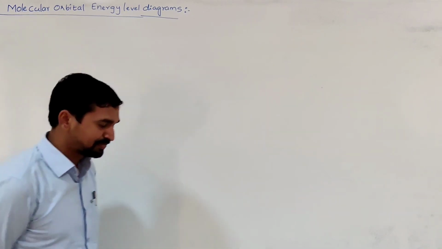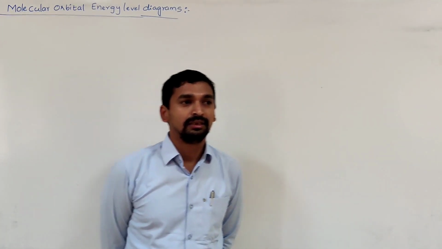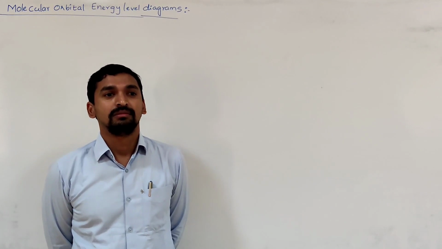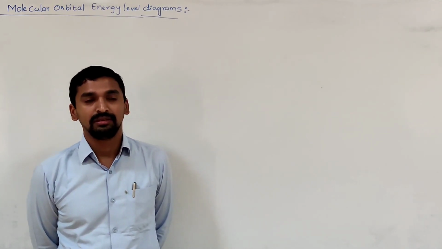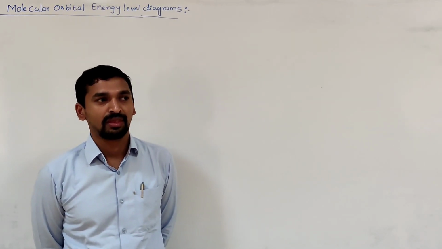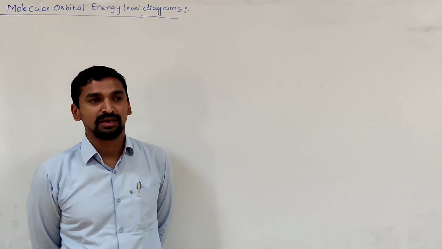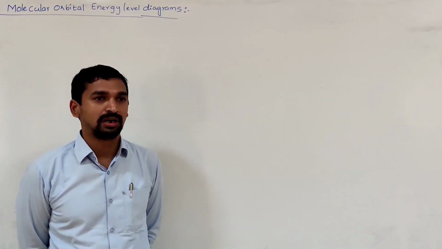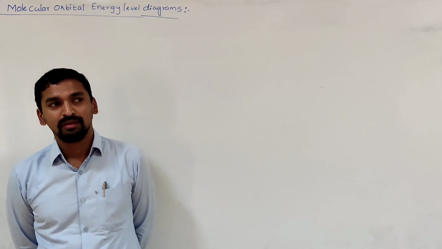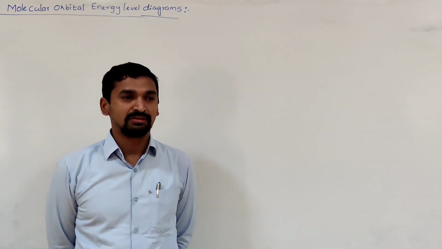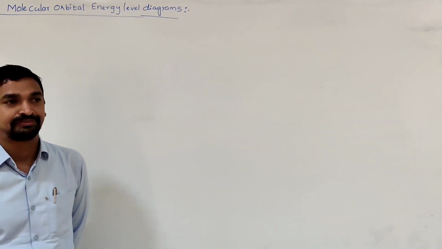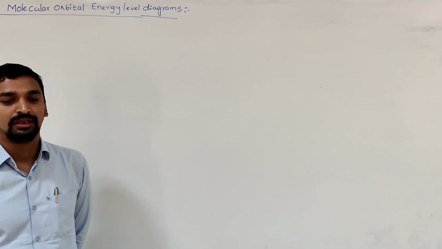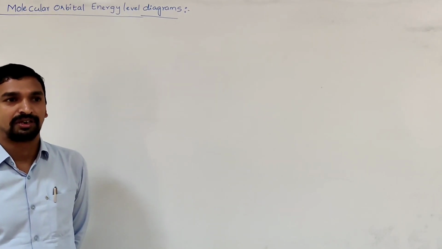Good morning students. In the last class, we discussed molecular orbital theory and its features. After that, we discussed how the bonding and anti-bonding molecular orbitals form based on constructive or destructive interference by using the linear combination of atomic orbitals.